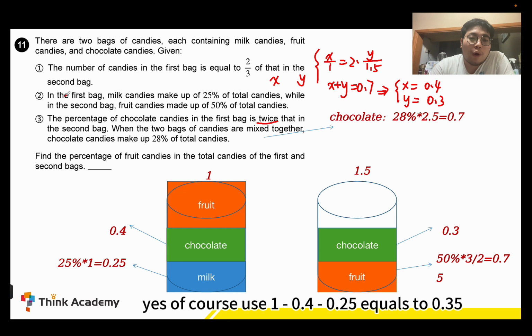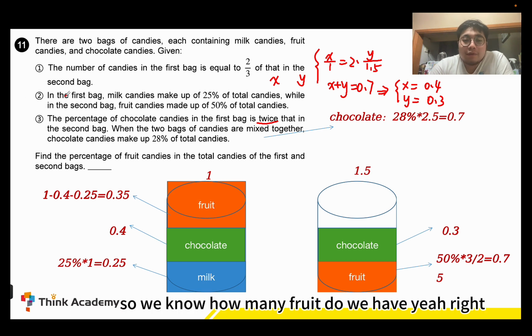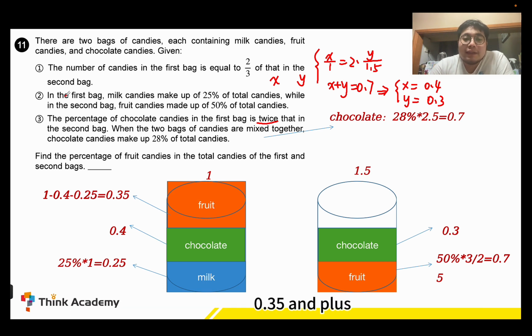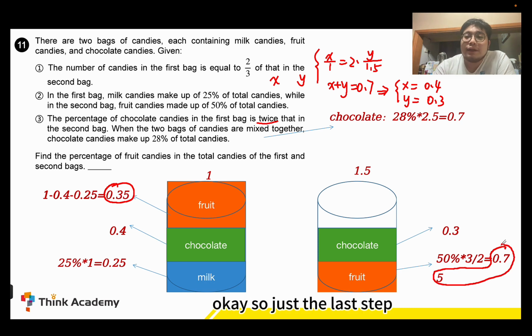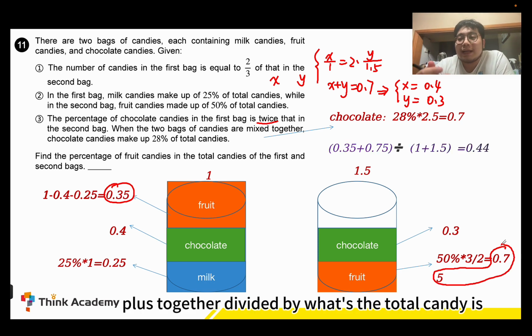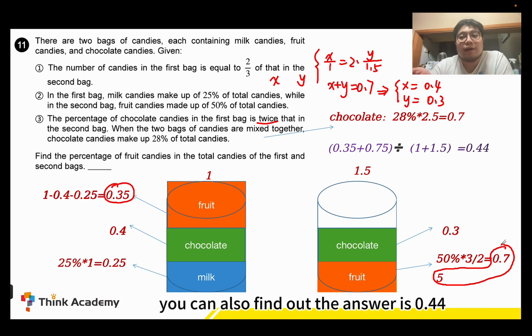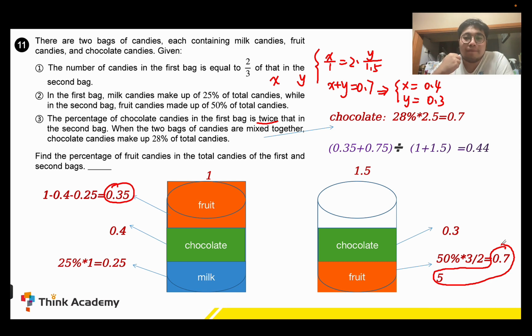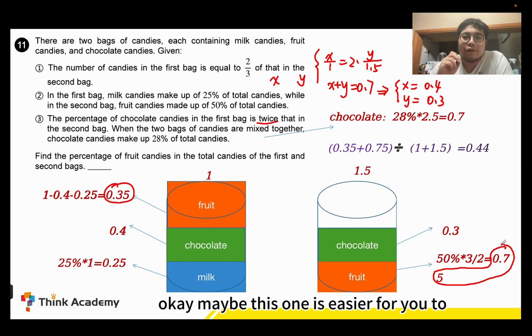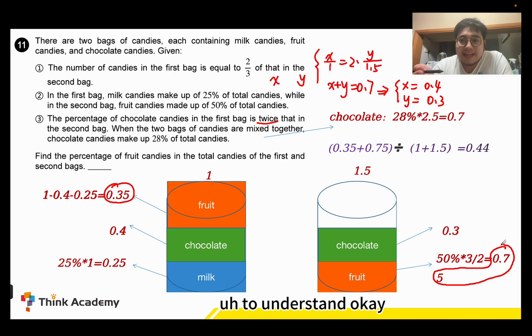Yes, of course, use 1 minus 0.4 minus 0.25 equals 0.35. So we know how much fruit we have: 0.35 plus this 0.75. Okay, so just the last step. Add together and divide by the total candies. You can also find the answer is 0.44. Okay, maybe this one is easier for you to understand.